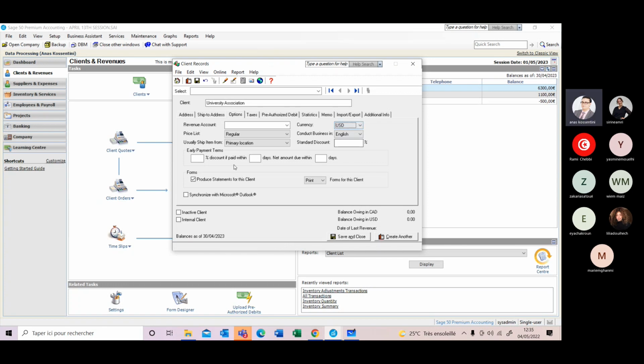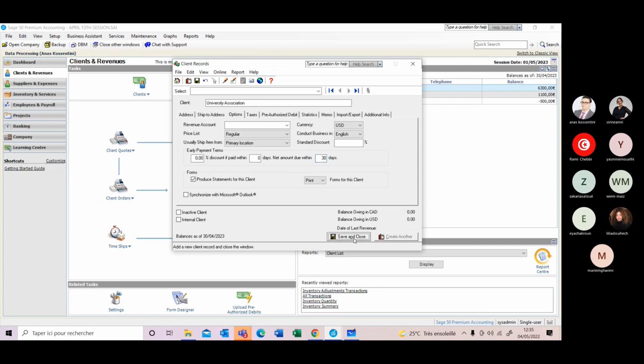Okay? In the payment, early payment terms, let's say 0%, you paid within 0 days, net due in, let's say 30 days. So of course, no discount is given. And we have a flexibility of 30 days to pay. Okay? And that's it. That's enough.